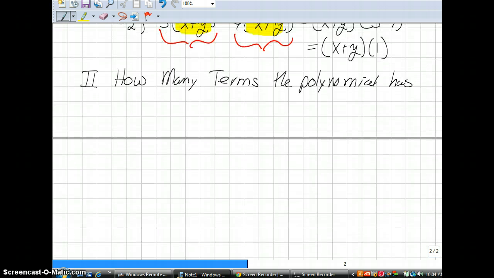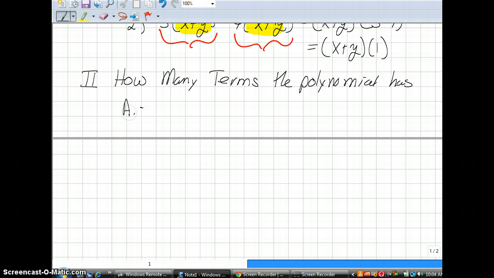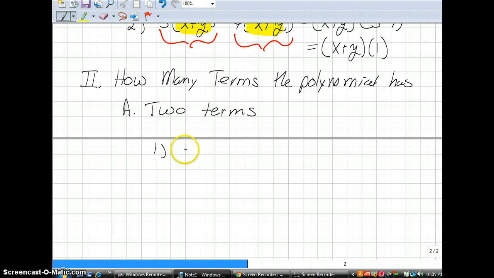Okay, so for instance, if it has two terms, then we look for what are called special products. So we look for 1, is it in the form a squared minus b squared, which always factors to (a plus b)(a minus b).